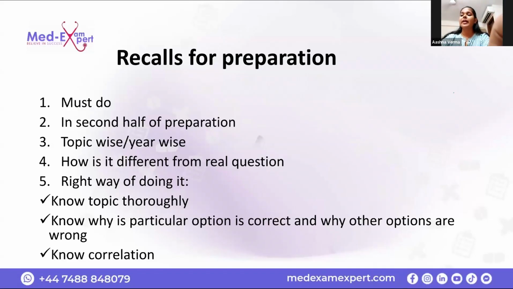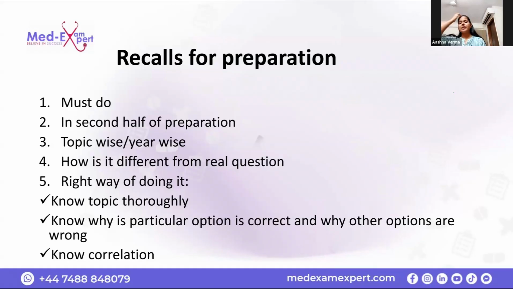Now I have made a separate slide for this because recalls are very, very important. As I told you, they are a must do. I would suggest you do them during the second half of your preparation, because I do not want you to limit your knowledge or your study just around the recalls.